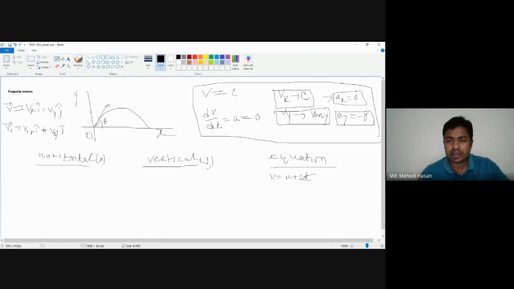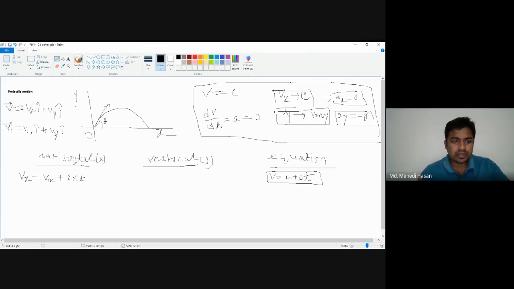And similarly, in case of acceleration, acceleration will be ax i plus ay j. Okay, so in case of the horizontal plane, this equation will be like that. Since we are considering the x component, vx is equal to v naught x plus acceleration along the x-axis, which is 0, into t.